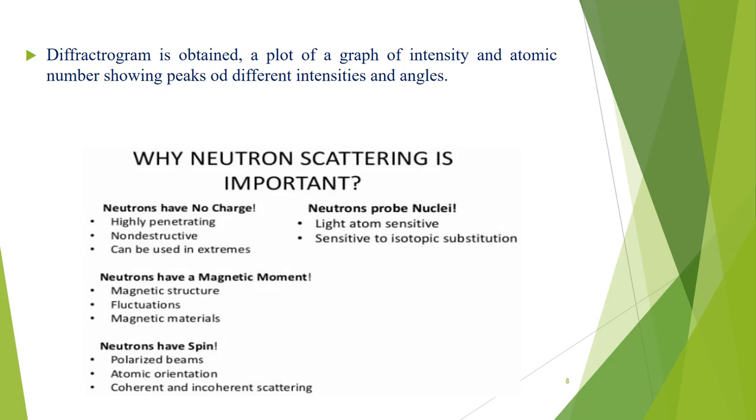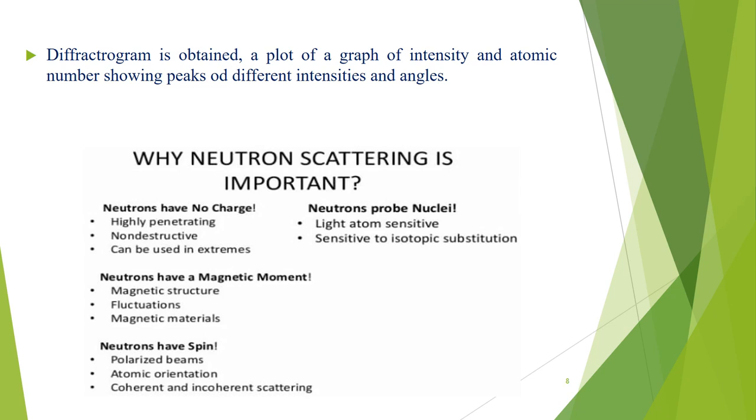It has a magnetic structure. It can have fluctuations. Magnetic materials can be studied by using neutron scattering. Neutrons have spin. It has a polarized beam. It has atomic orientation and coherent and incoherent scattering.